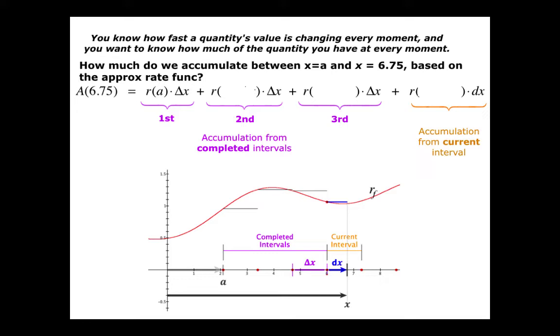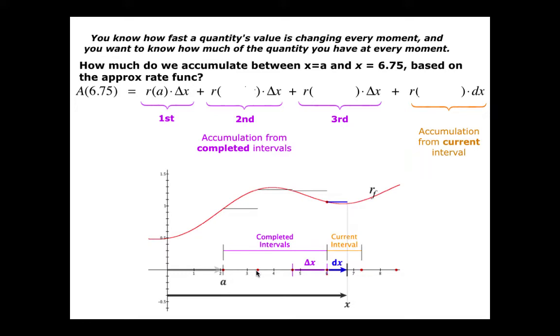in the first interval. Now, how could I express the rate that I use in the second interval? Comes from being 1 full interval past x equal a. What would be the x coordinate location of this red dot here, where the second interval starts? Yeah, a plus delta x. So I started at a, and then I moved delta x, 1 full interval width, to the right.